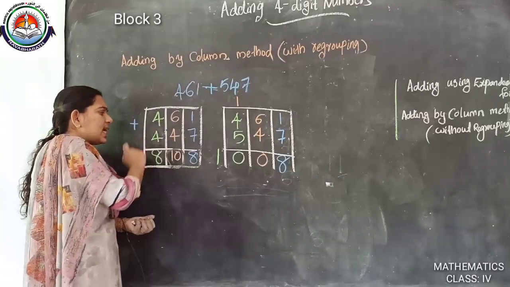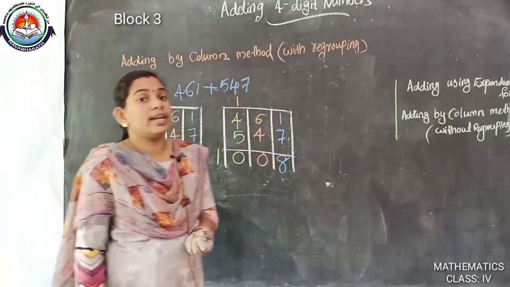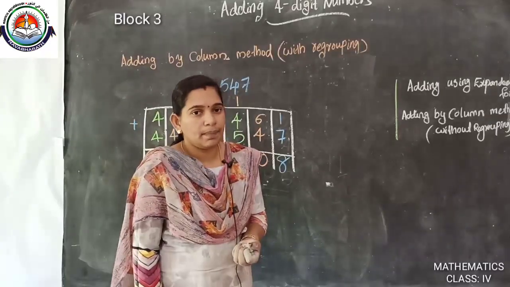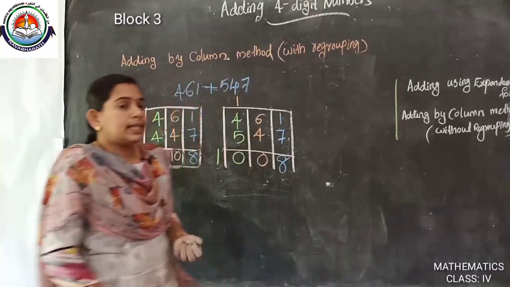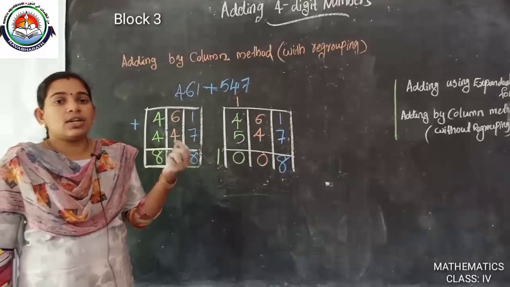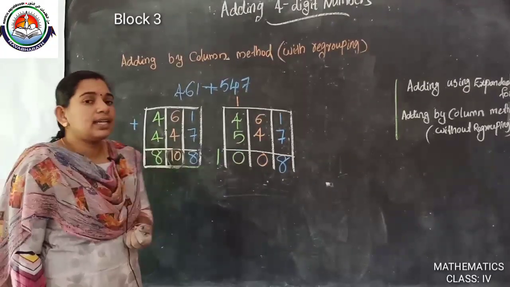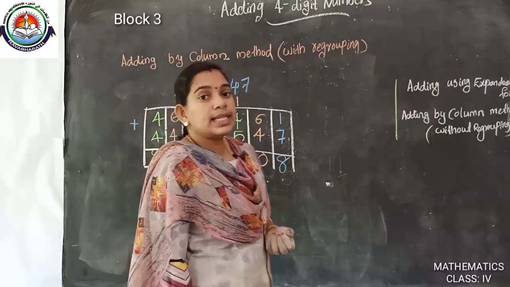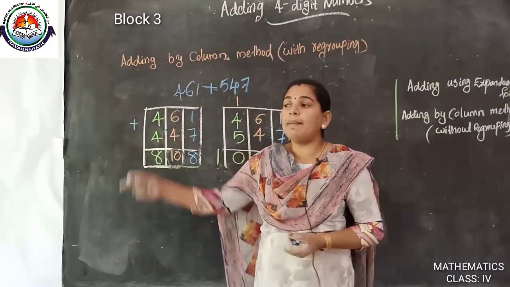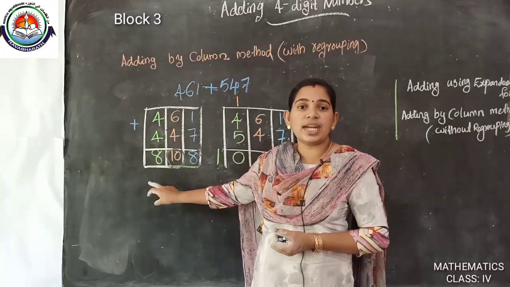First, she placed the second number's hundreds place digit wrongly. In that place we want 5, but she wrote 4. Then, she added the tens place digits, 6 plus 4, 10, and wrote the complete answer here.